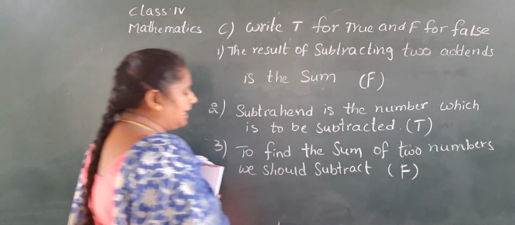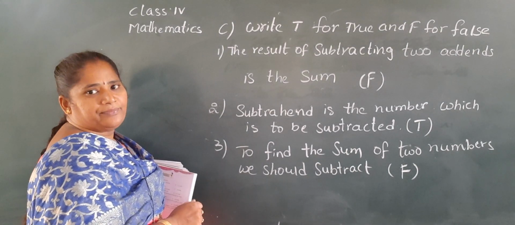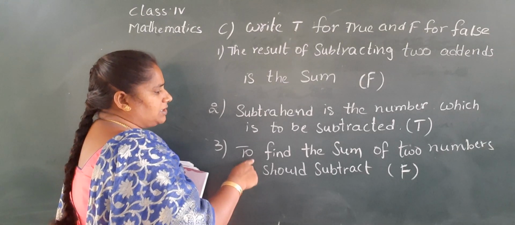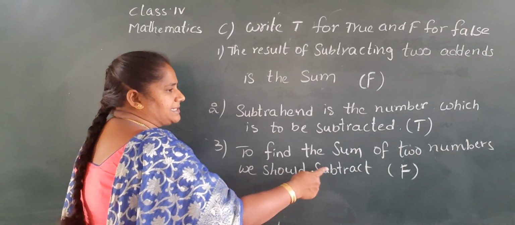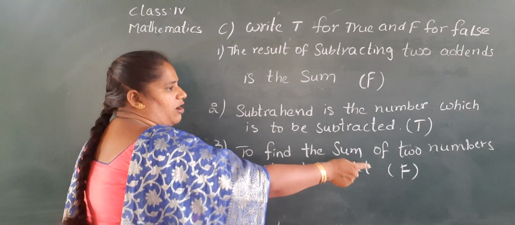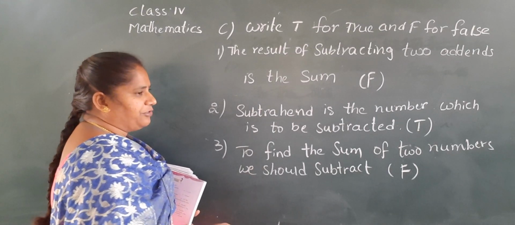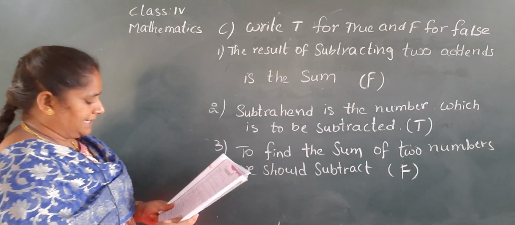F. So what is the correct one? To find the sum of two numbers, we should add. Sum means we should do addition, not subtraction. So this statement is wrong, so we will write F. Okay? Next one.